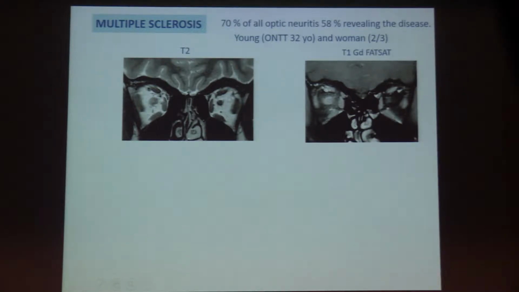The neuritis is often revealing a multiple sclerosis, and as you probably know, 70% of all optic neuritis are due to multiple sclerosis, known or unknown, and unknown often because in more than half of the cases it reveals the disease.